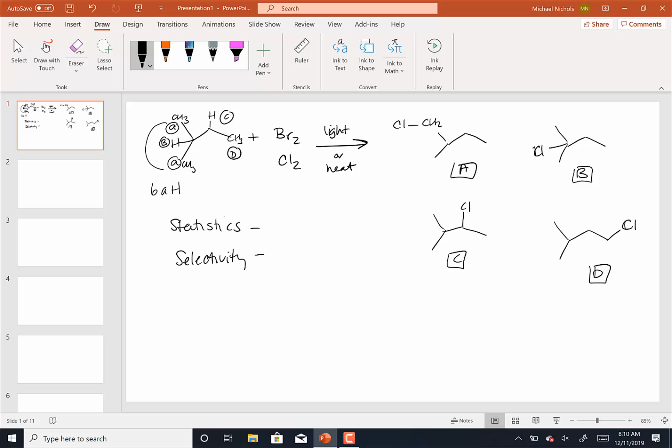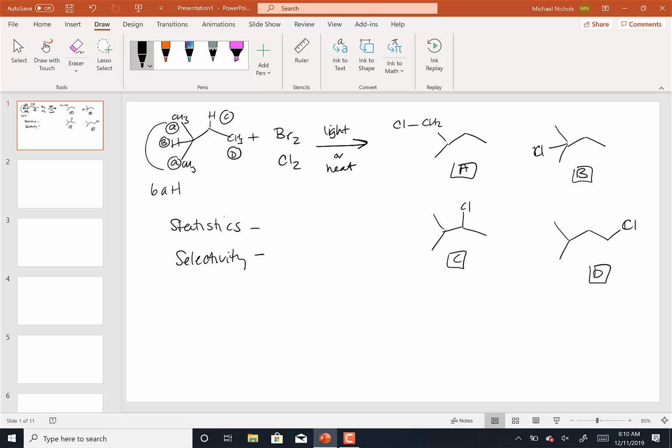As that Cl dot is running around in solution, if it removes one of those A hydrogens, that's going to ultimately lead to the chlorine going there in the mechanism. So there are 6 different hydrogens that could give me product A.